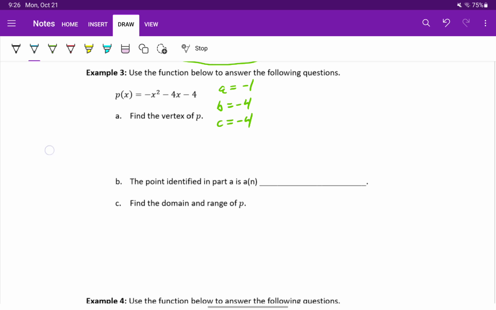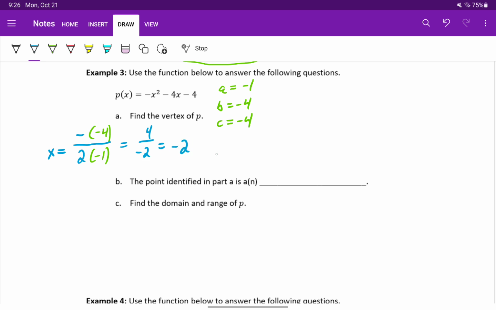That means that to find our x-coordinate, we're going to find the opposite of b, so the opposite of negative 4, divided by 2 times negative 1, which will be positive 4 over negative 2, or negative 2.